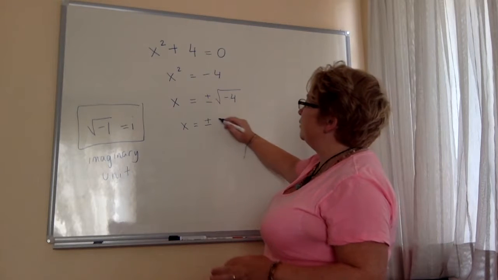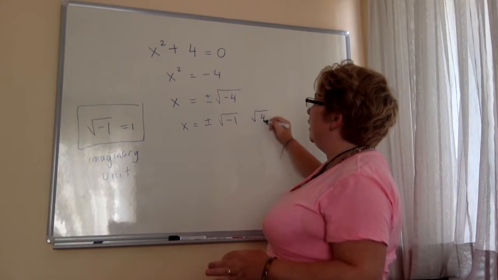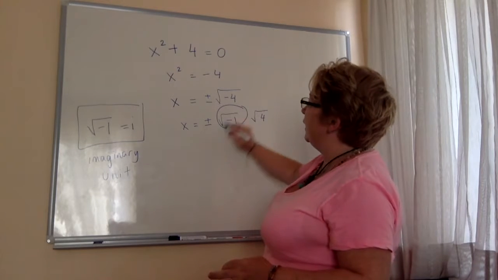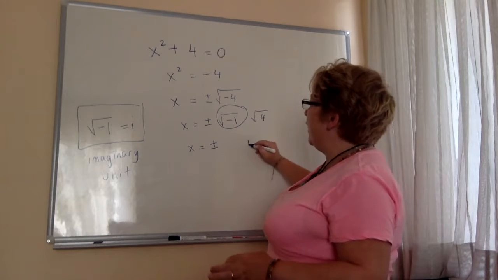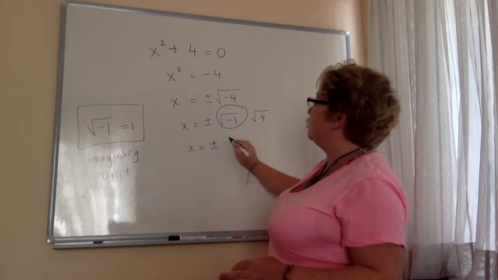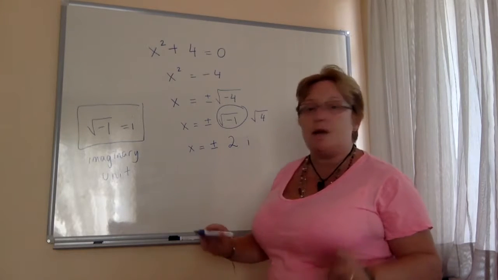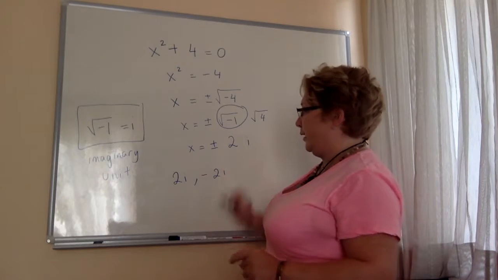well, I can just factor this minus 4 as minus 1 times 4. I'm going to call the square root of minus 1 i. So I'm going to have an i out front, and I have the square root of 4, and I know that's 2. So my solutions are 2i and minus 2i.